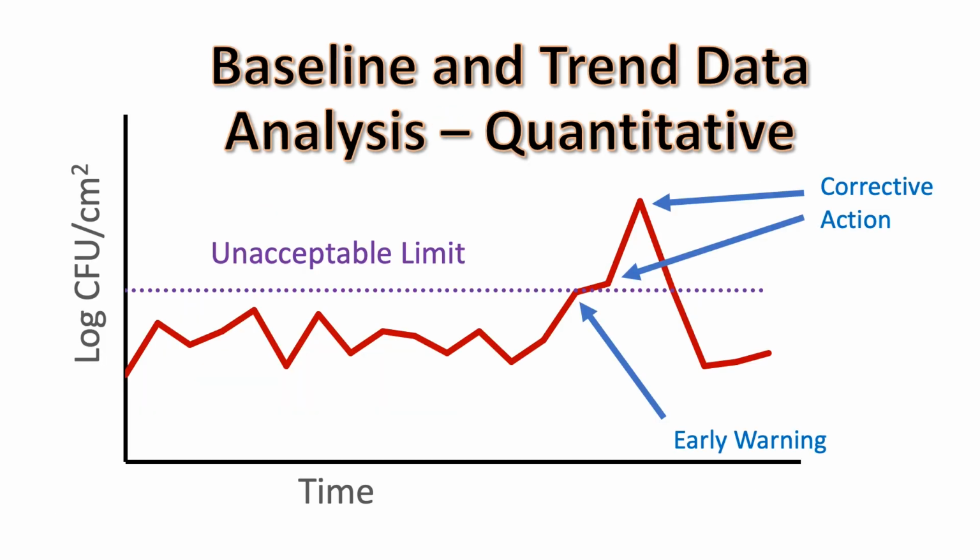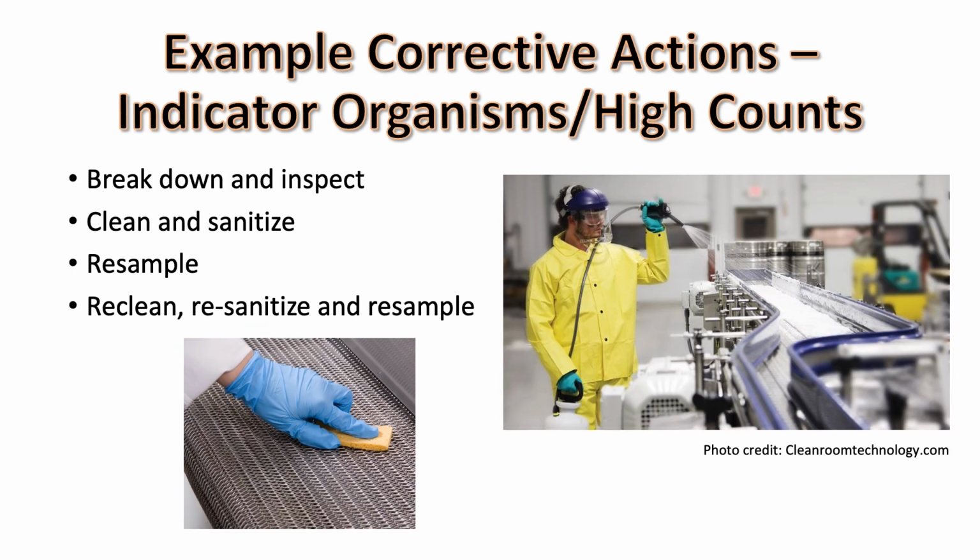For quantitative data that you will generate for indicator organisms, you will want to establish baselines and trend data for each location or area. Trends are often easier to visualize if you plot your data on a graph. This will allow you to determine when to implement corrective actions and to document their effectiveness.